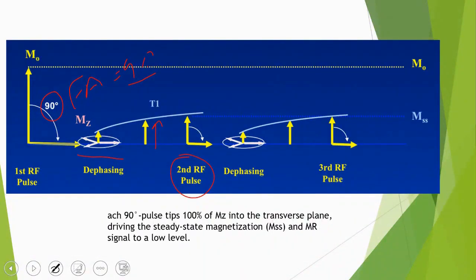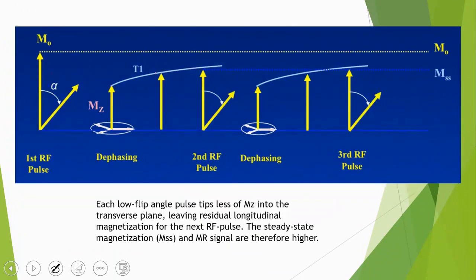It will need approximately 4 to 5 times the T1 constant value of the tissue to achieve full recovery. This means that for the tissue to achieve full recovery, you need to multiply the T1 value by 5. If it was 0, then when you apply the second RF pulse, it will drop again, and you will find that your longitudinal magnetization value with a 90-degree pulse will not recover significantly, so the signal will be low in case you are using a small flip angle.